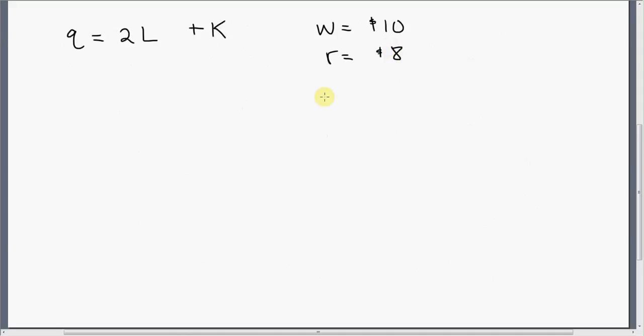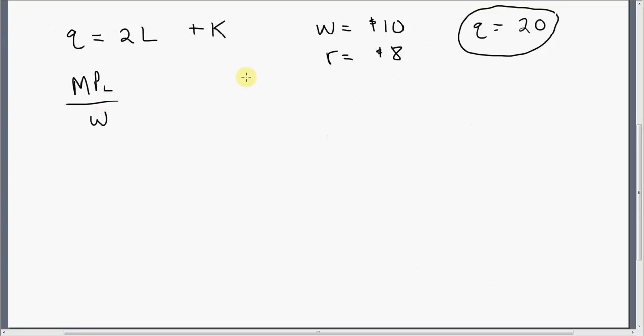Okay, and let's say that the firm is interested in producing 20 units of output. Okay, that's the firm's profit maximizing output. What is the optimal input mix? We need to calculate 2 ratios and compare them. We're looking at the marginal product of labor divided by the wage. Okay, this is just the additional output obtained by spending $1 more on labor.